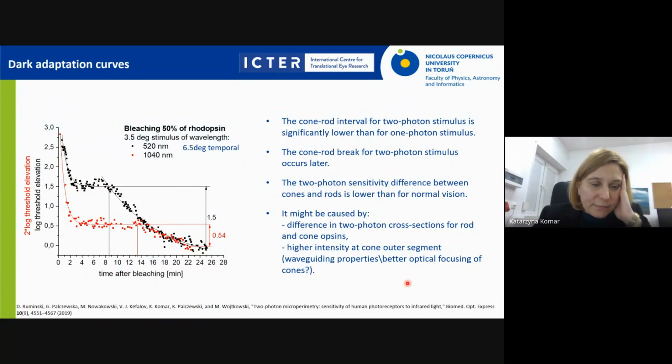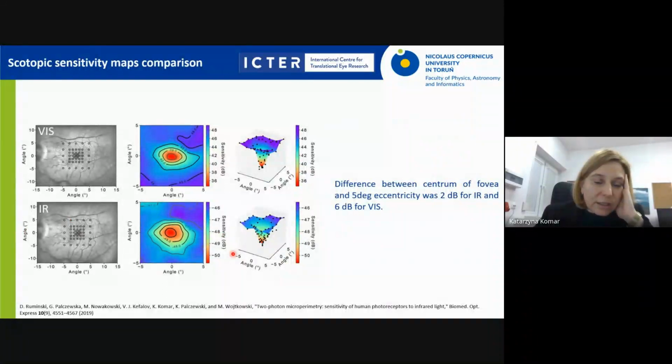One was dark adaptation curves, which were measured for 2-photon and 1-photon stimulation, and we found that the difference between cone plateau and rod plateau was 1 order of magnitude smaller for 2-photon stimulation than for 1-photon stimulation. And also, we compared the exact shape of the sensitivity map for 1 and 2-photon stimuli, it was a scotopic sensitivity map.